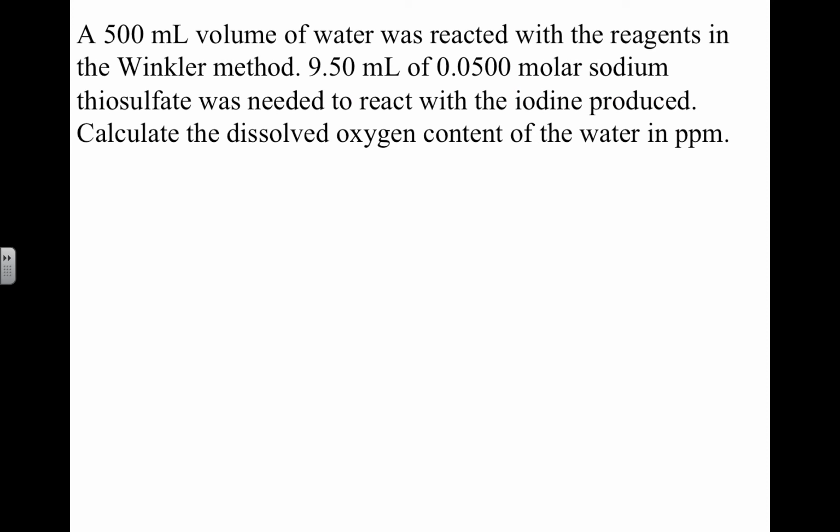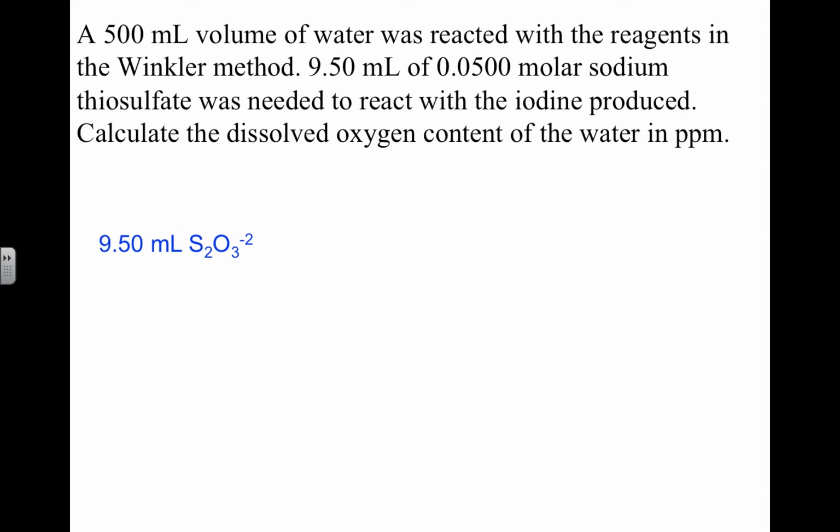So here's an example. A 500 milliliter volume of water was reacted with the reagents in the Winkler method. 9.5 milliliters of 0.05 molar sodium thiosulfate was needed to react with the iodine produced. Calculate the dissolved oxygen content of the water in parts per million. Okay.